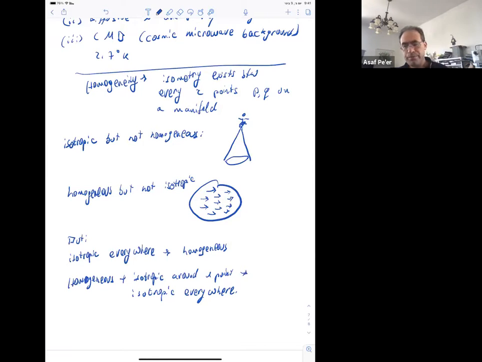Now, what do we call a space that is both homogeneous and isotropic? This has a mathematical name.